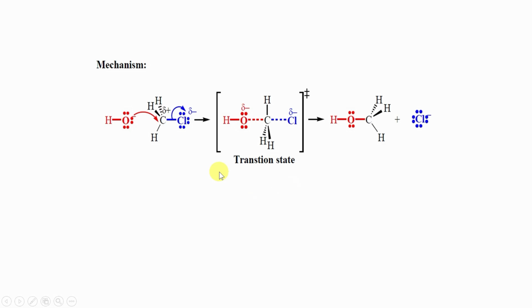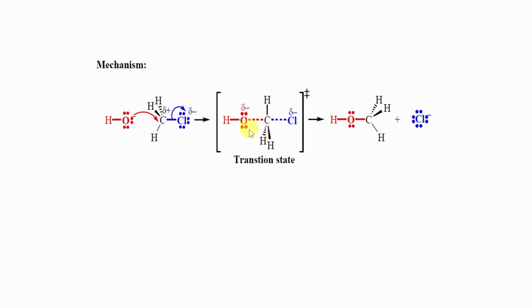Okay, the mechanism of SN2 reaction actually involves a transition state where the nucleophile is in the process of forming a bond with the electron deficient carbon atom of the substrate molecule, while the bond between carbon and the leaving group is in the process of departing from the electron deficient carbon atom.